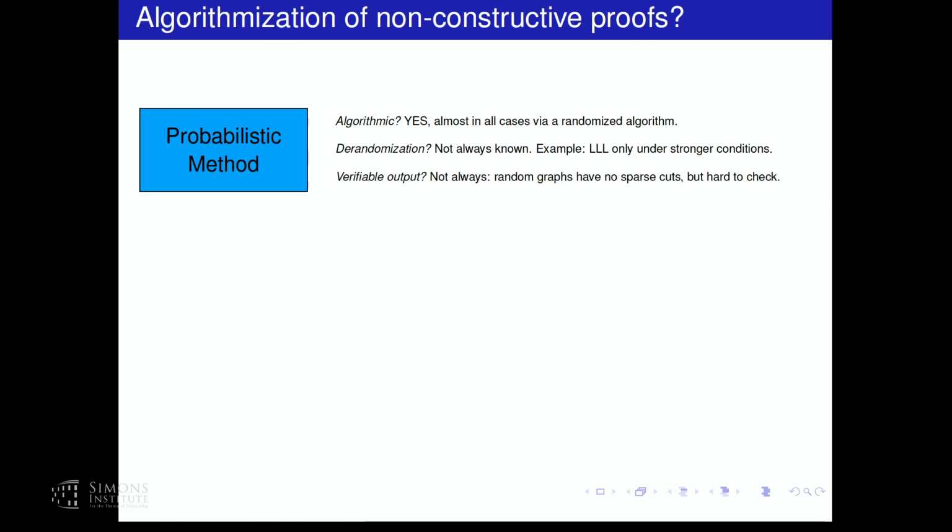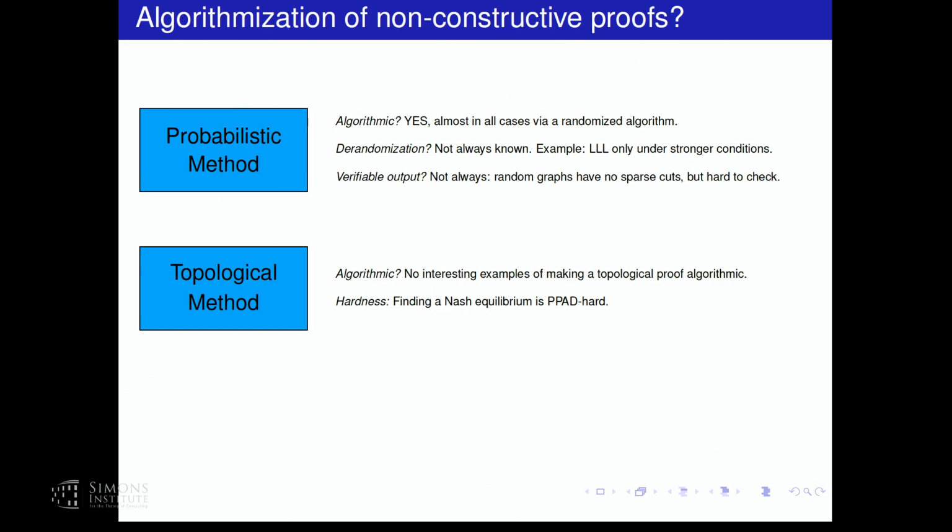So here we are mostly talking from the point of view of computer science, where we want efficient polynomial time algorithms, but there's still a distinction between deterministic and randomized. Another question that comes up is whether you can actually tell that your output is correct. You might have a randomized procedure which produces what you want with high probability, but maybe it's actually hard to verify that what you produced is correct. So we have to be careful about all these details when we talk about something being constructive or not.